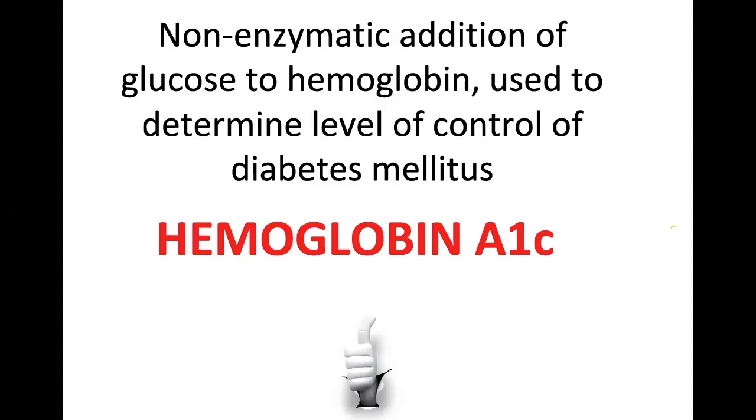This is a laboratory test which is now included for the diagnostic criteria for diabetes mellitus. It is used to determine the glucose control of diabetes mellitus. So it will more or less give you an idea of the glucose control for the past 3 months. So 3 months, that's about 90 days, okay?